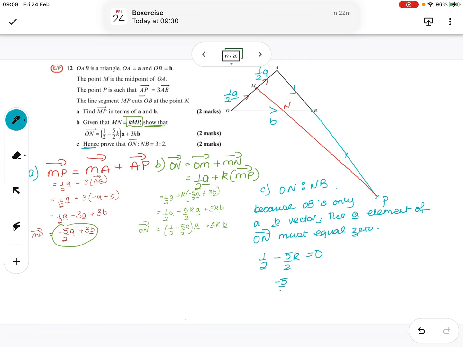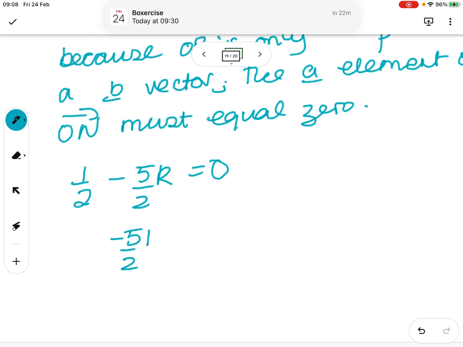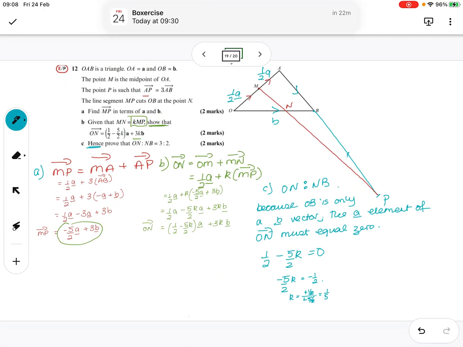So we've got minus 5 over 2 k equals minus a half. So k must equal minus a half divided by minus 5 over 2. Happily, a minus divided by a minus goes positive, and a half divided by 5 over 2, they cancel out, so you end up with, sorry, a fifth. So k is a fifth.